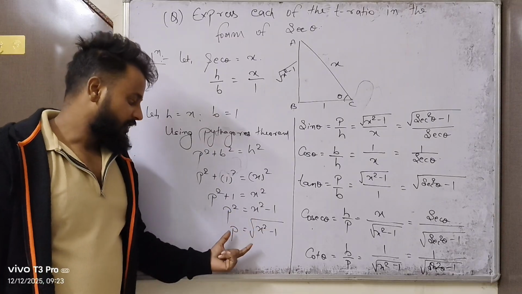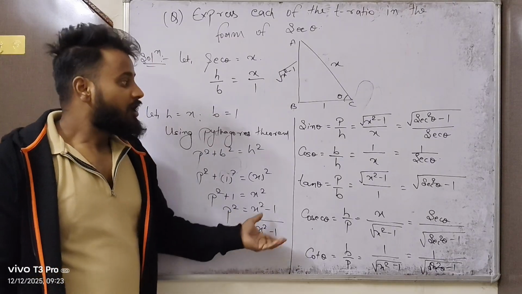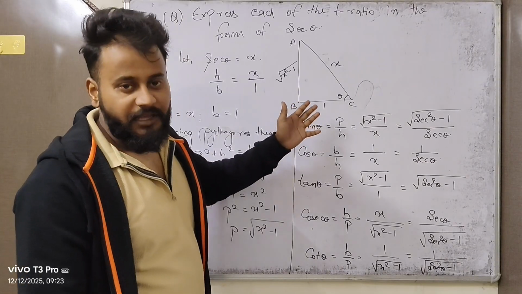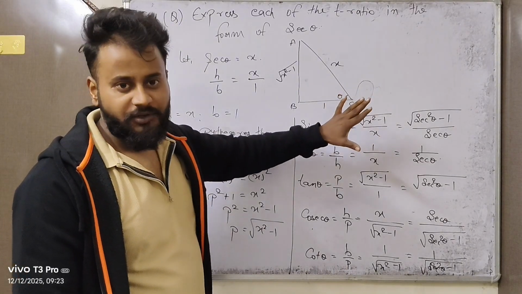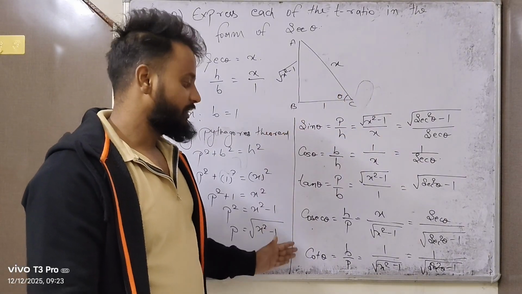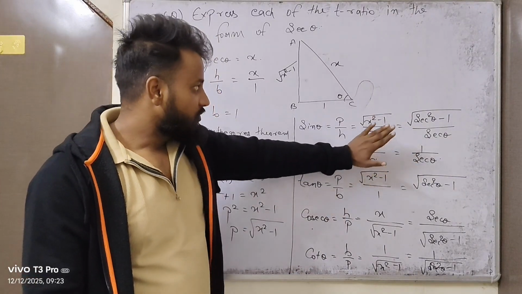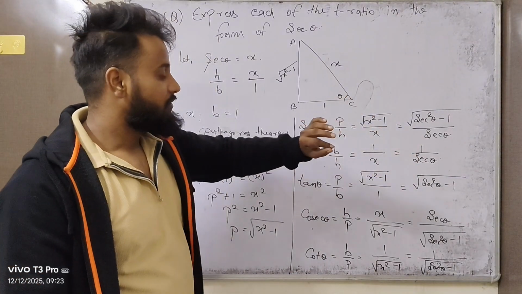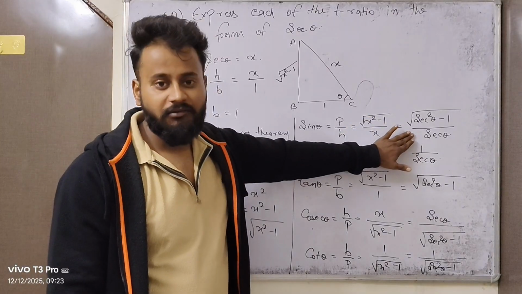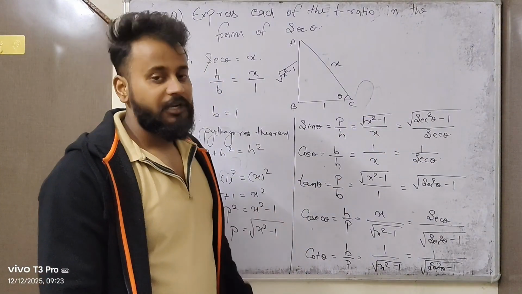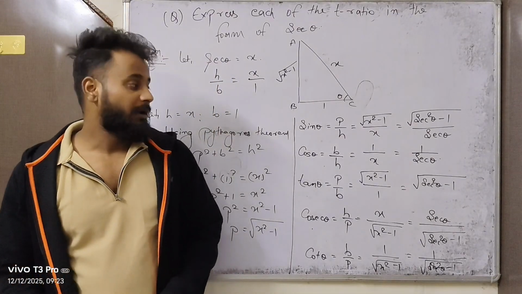Then we find all the t ratio, perpendicular by base or perpendicular by hypotenuse, whatever the formula of the particular t ratio, and lastly we put the value of x we had supposed into our equation. By that we can derive all the t ratio in a particular t ratio. Are you getting my point?